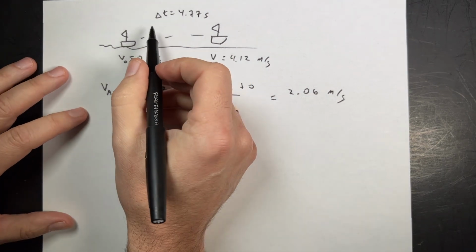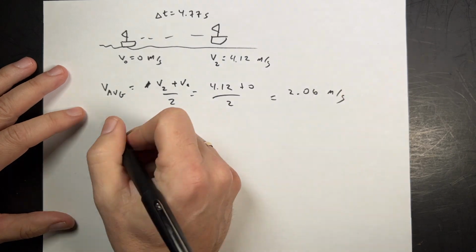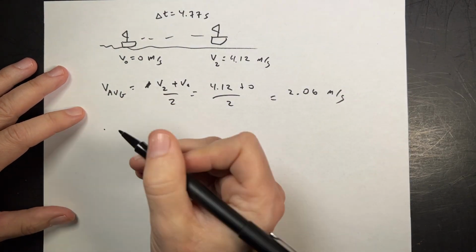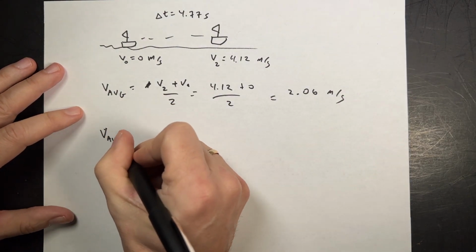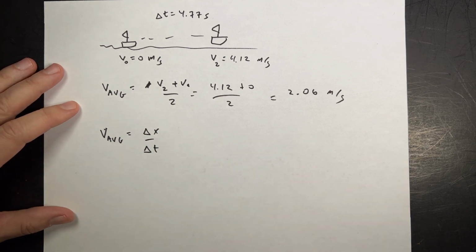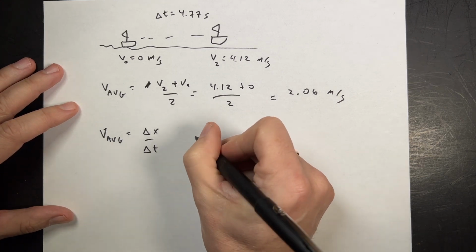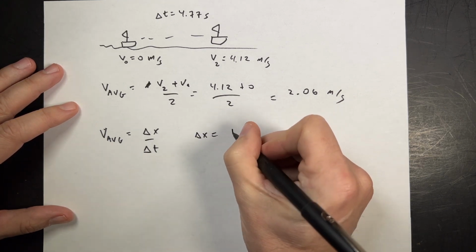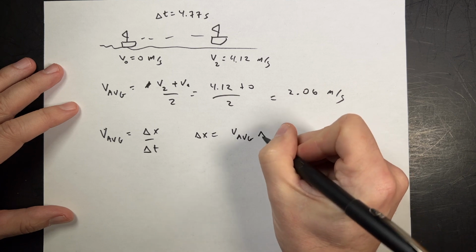Okay, so now it says, well, how far did it go? I think what they wanted to say was V average is delta x over delta t. That's the definition of average velocity if it has a constant acceleration. So delta x is going to be V average times delta t.